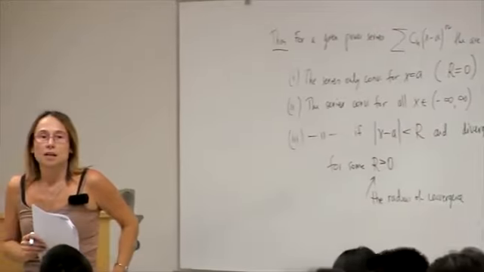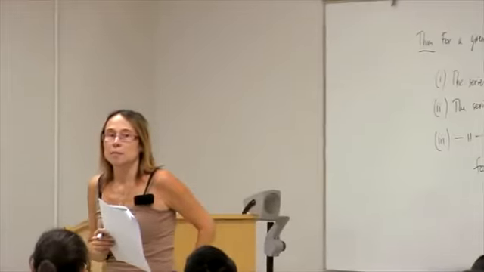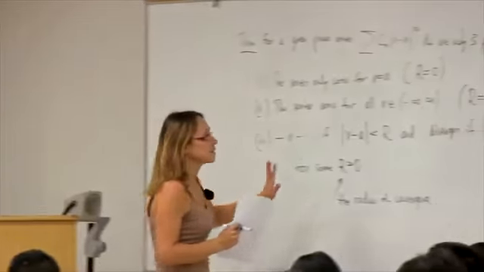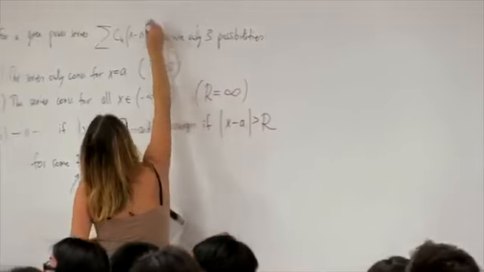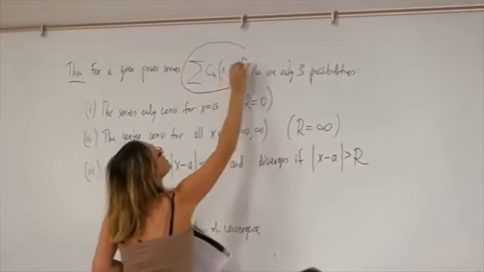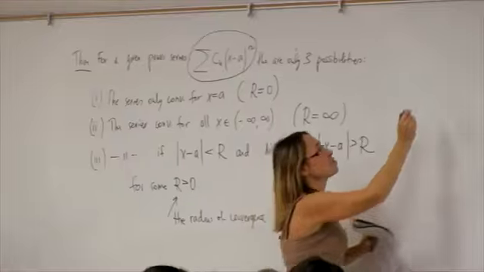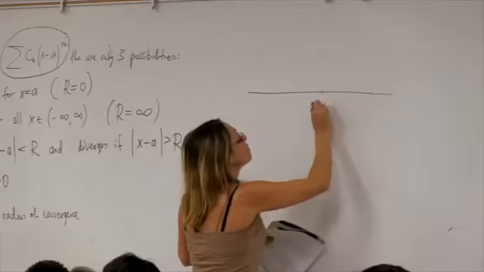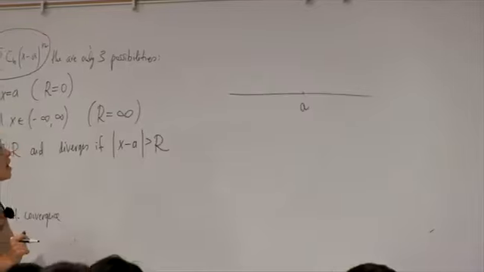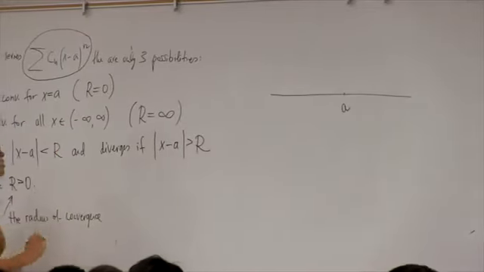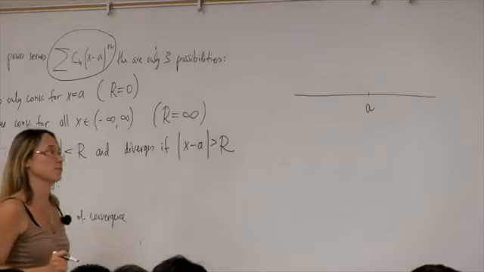Question: what is the radius of convergence? So let me show you an example. When I'm given a power series like this, it's characterized by a single value a, which is called the center. For instance, 0. And this theorem tells you that there can be only 3 cases.